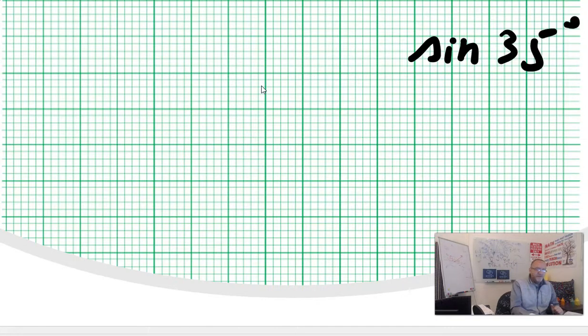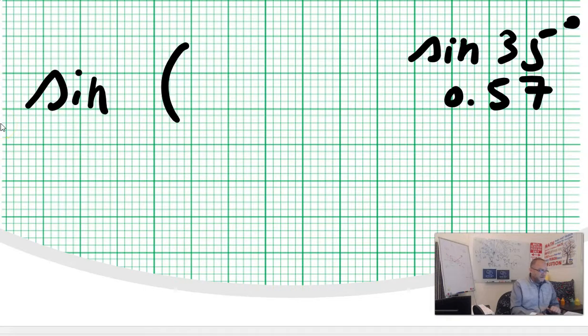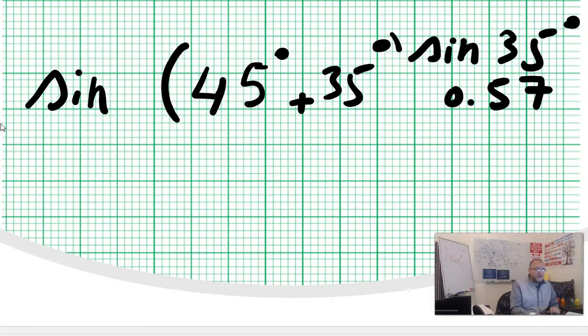The sine of 35 degrees is around 0.57, a little bit over 0.5. Let's say 80 degrees is 45, which is part of the special triangles, plus 35. Yeah, you can do that, but how do you get them out of here? And please pay attention here.